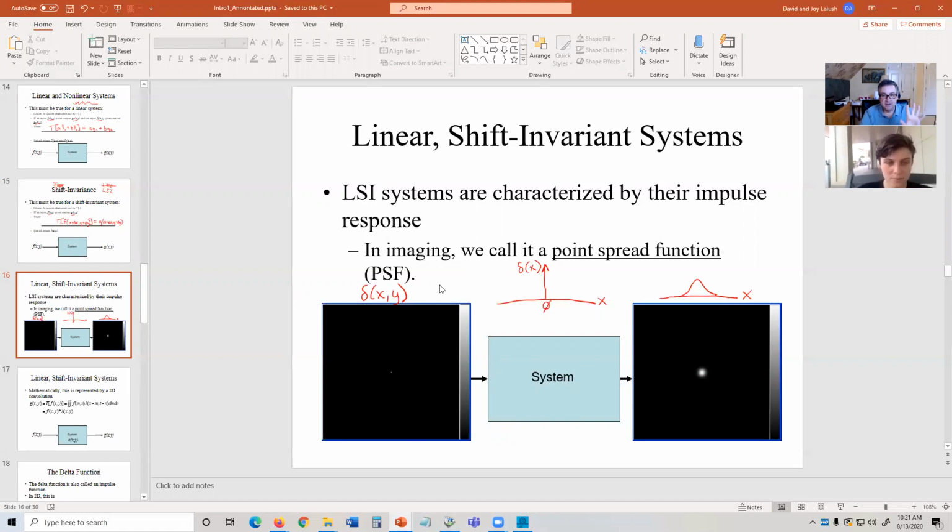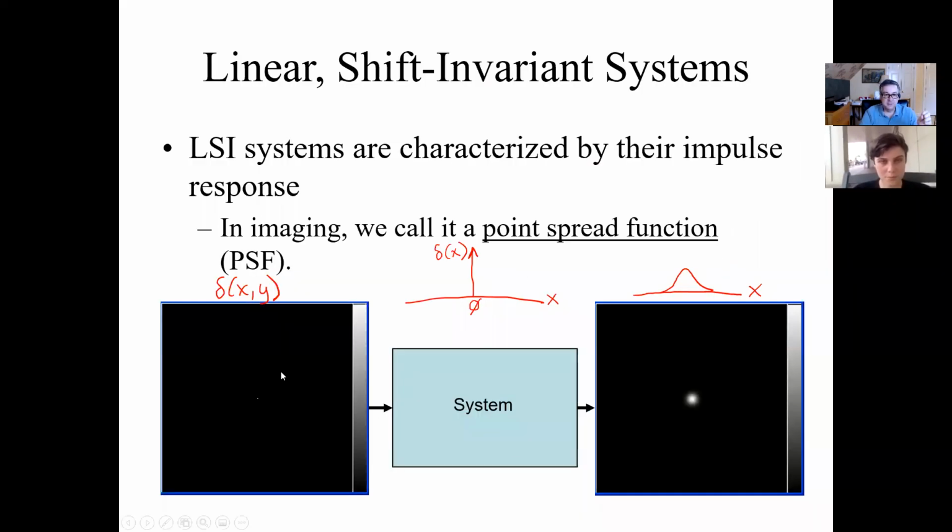That's everything you need to know to calculate the output for any input, to perfectly model the system. In this case, we have a point here as input. This is the 2-dimensional equivalent of a delta function displayed as an image. Sometimes that doesn't come through very well in the display. We'll go a little bigger here.